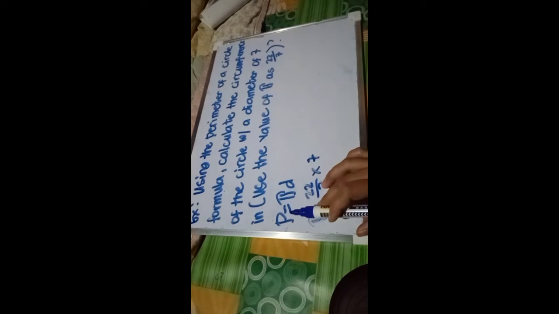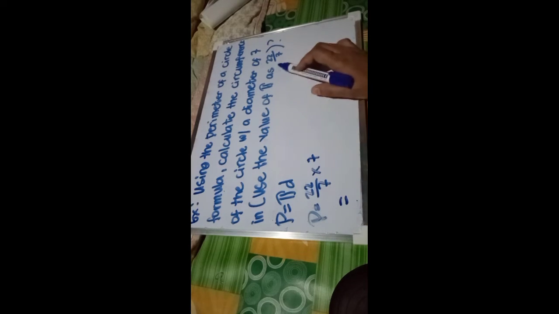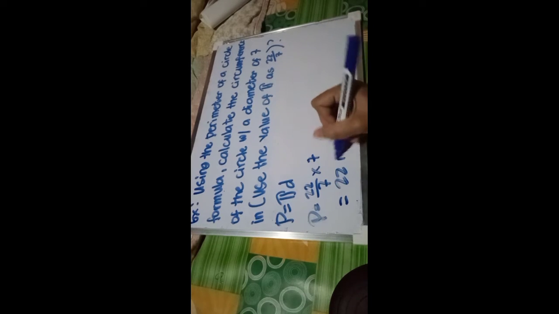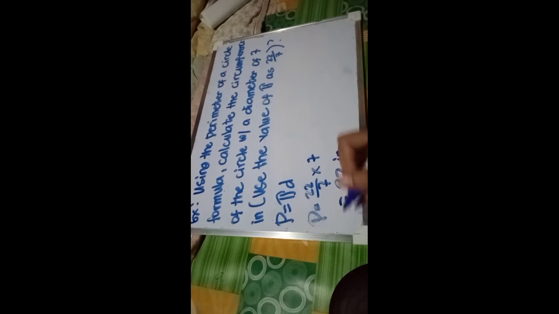So the perimeter equals 22/7 times 7, which equals 22 inches. That is the perimeter of the circle.